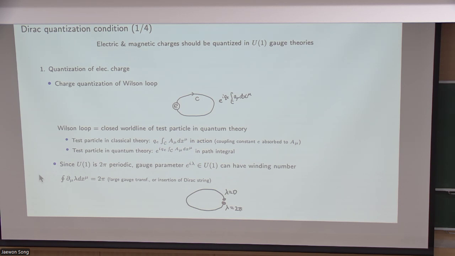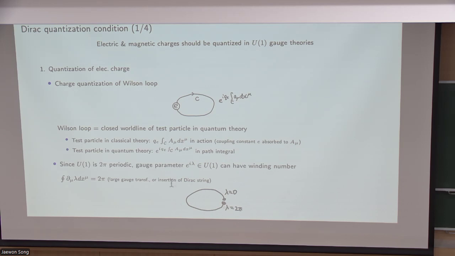And we are considering the U1 gauge theory. Since U1 is 2 pi periodic, the gauge parameter, this one, can have a winding number. The winding number is expressed by this closed line integral. This is in general non-zero because lambda equals 0 and lambda equals 2 pi are identified, so this closed line integral can be non-zero due to the periodicity.